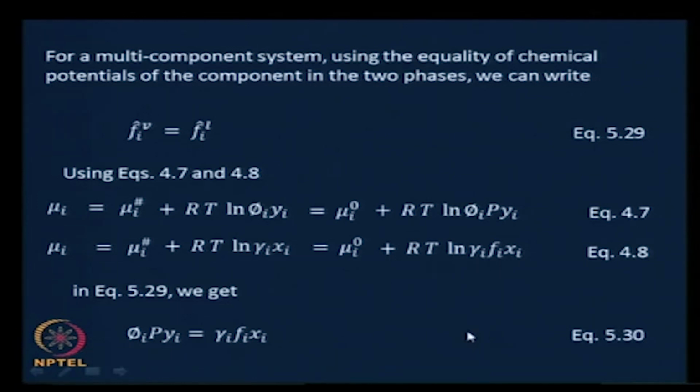This equation 5.30 is the condition for equilibrium. You can write this for a species I at vapor liquid equilibrium conditions. So hopefully you would have gotten at this, if not, this is the kind of expression that we were looking for.